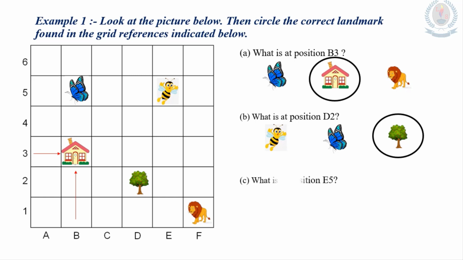Our next question is, what is at position E5? Okay students, look at the grid and tell me the answer. We have 3 pictures here as well. Yes, B is the correct answer. Now you can find the position correctly.